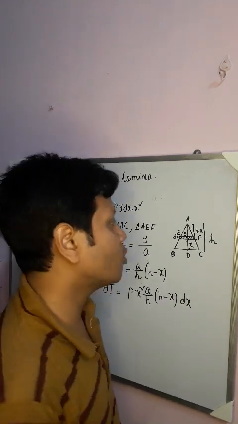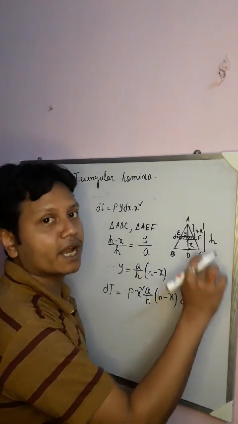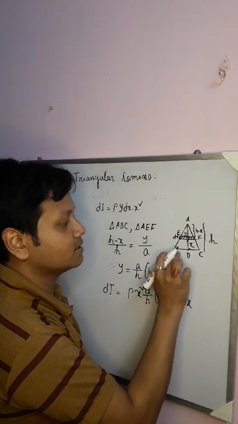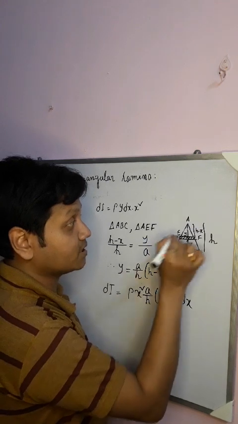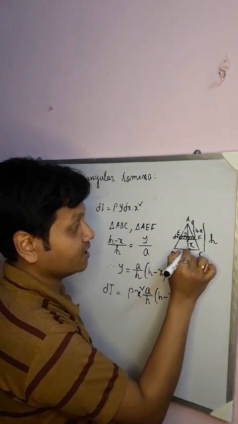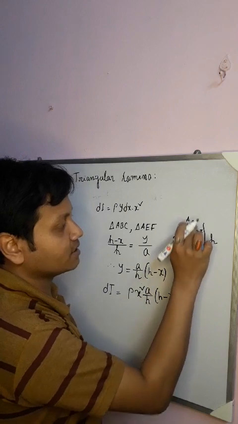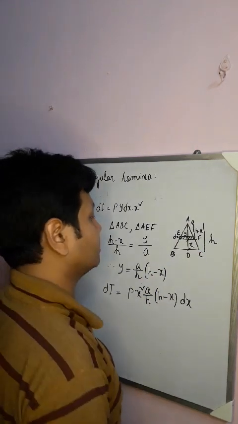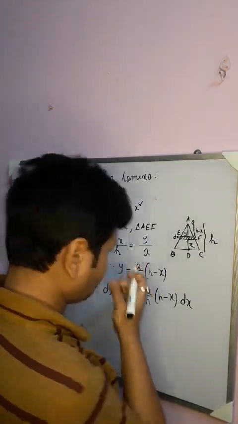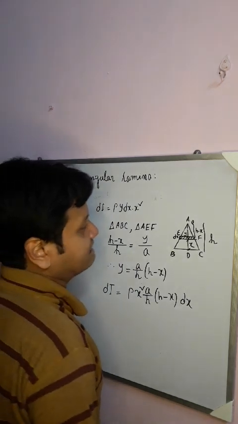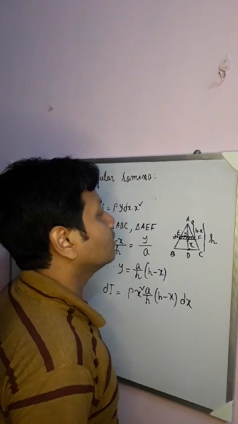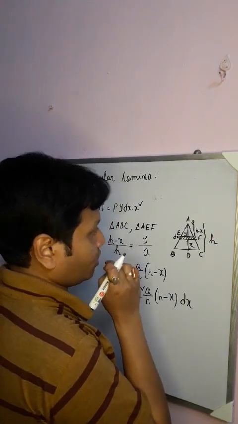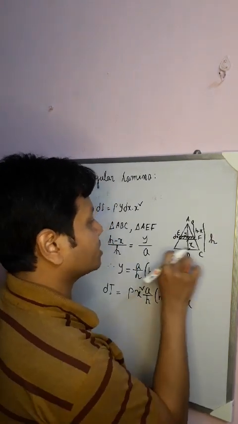Now, what should be the moment of inertia of the entire triangular lamina about BC? This is the vertex, say 0, and this height is h. So we have to integrate this from 0 to h, because the entire height is h, to find the moment of inertia about BC.